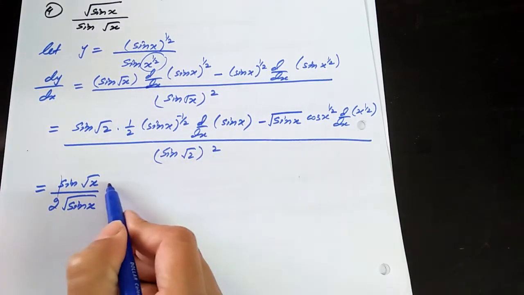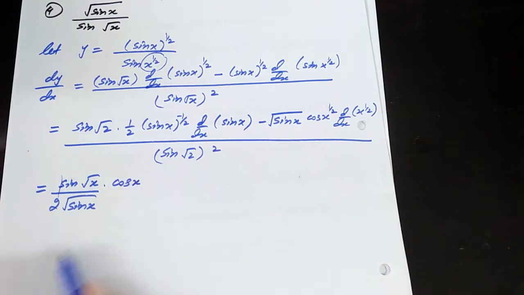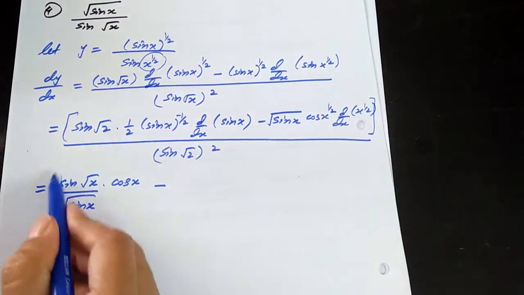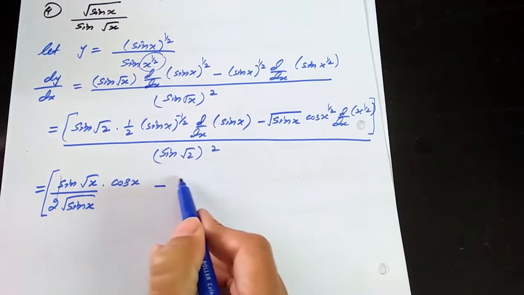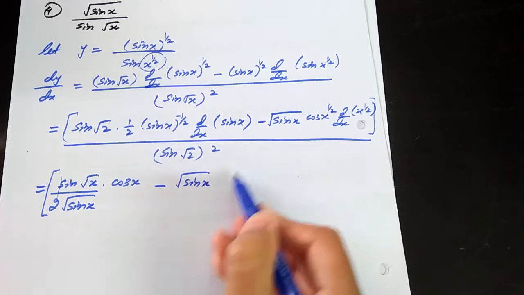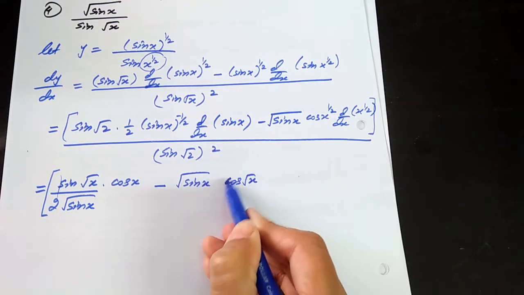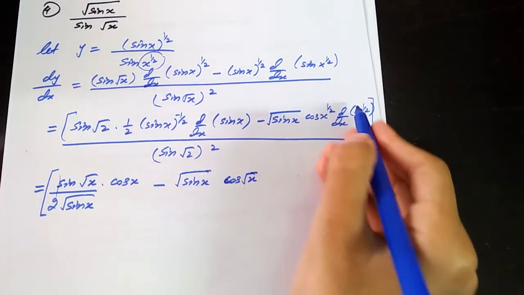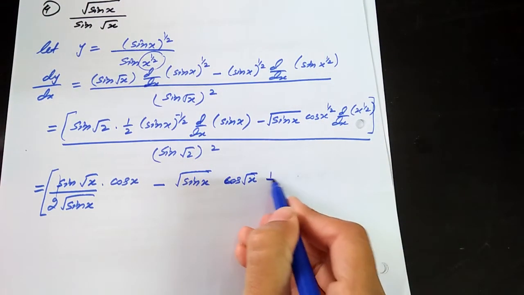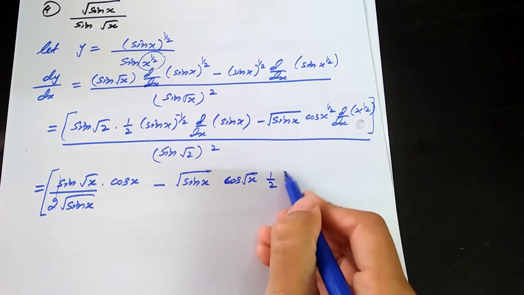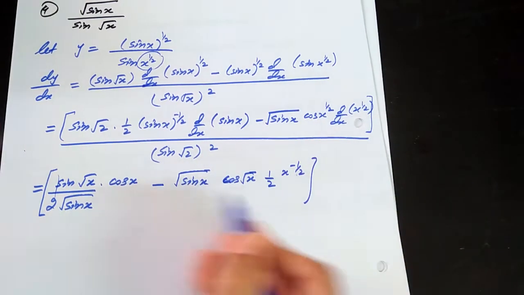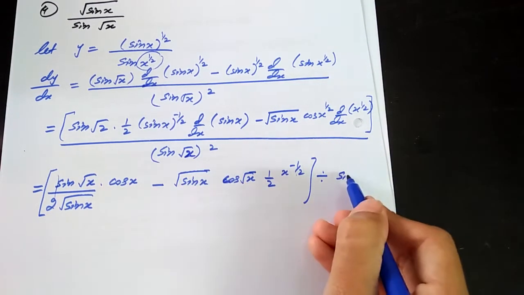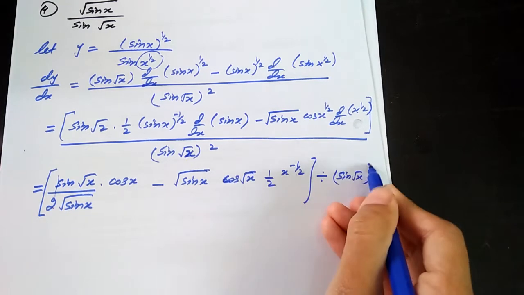And d/dx of sin x will be cos x, minus, I'm just first of all solving this main bracket. Minus √(sin x) cos of √x, and derivative of this function. So here this derivative will be 1/2, power down, power minus 1 will be minus 1/2. This main bracket divided by this thing, that is sin of √x whole square.